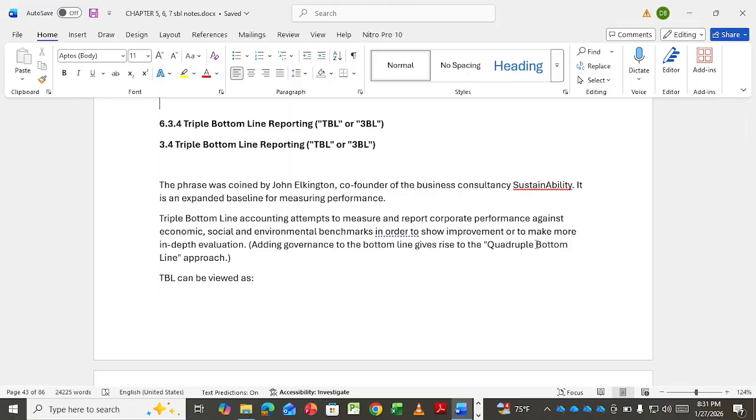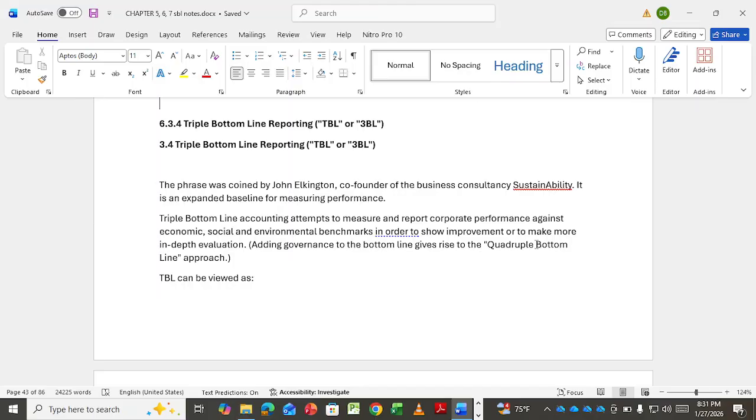So the bottom line accounting measures and reports corporate performance against the economic, the social, and the environmental benchmarks. The main purpose is to show improvement or to make more in-depth evaluations. That is the bottom line reporting, or it could also be called the 3BL, the triple bottom line.